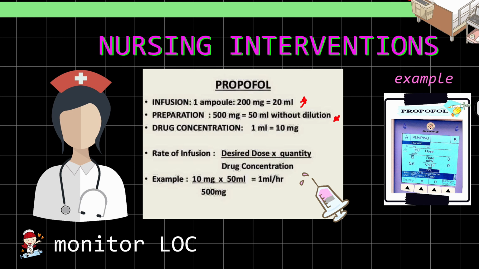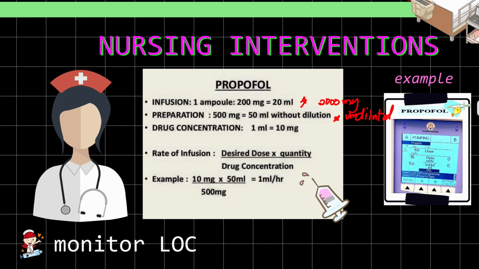Normally, in my facility, what we do is 2,000 milligram of propofol to be given to the patient. Undiluted po ito. Hindi siya minimix sa normal saline, ha. What we do is we get a bag of normal saline. If there's no empty bag of normal saline, we will remove the normal saline, empty it, and then we're gonna use that bag to put the 200 milligrams of propofol.